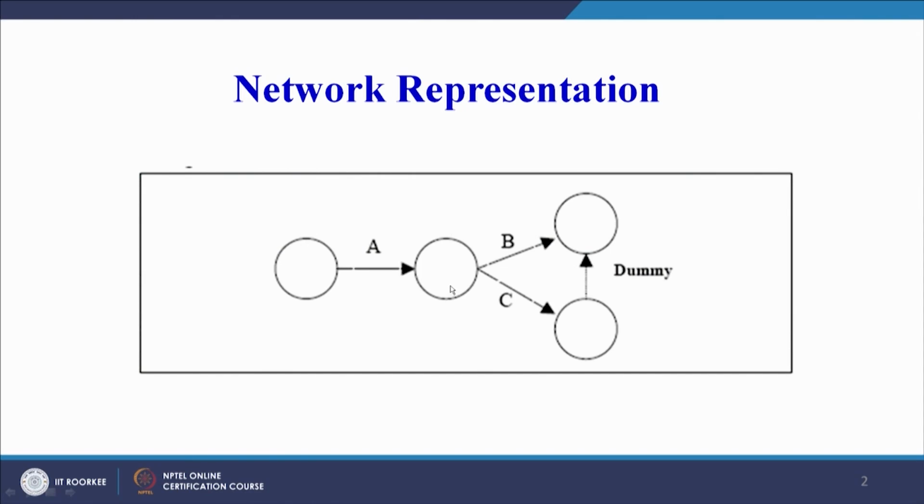If we see the network that we have seen, again I will go to the network. One path is A and B. This is one unbroken path of activities. Another one is A, C, and suppose we call the dummy activity D1. So A, C and D1 is another path, and A, B is one path in the network.